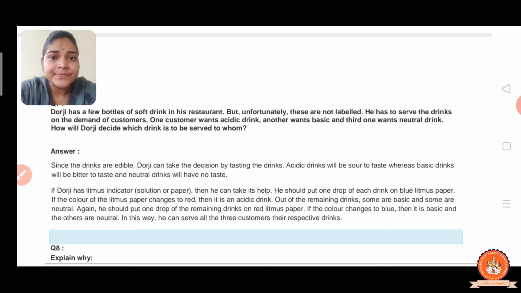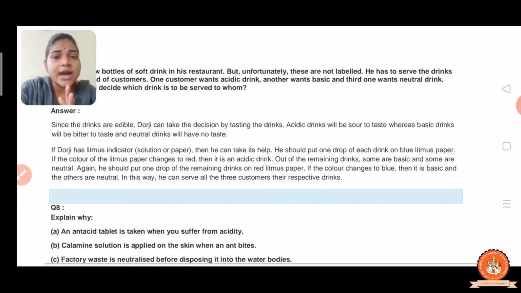Now let us see. Since the drinks are edible, it means Dorji can take the decision by tasting the drinks, right? We can taste the drink now. That's why Dorji can also decide by tasting.